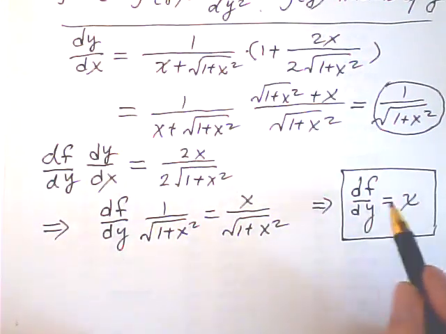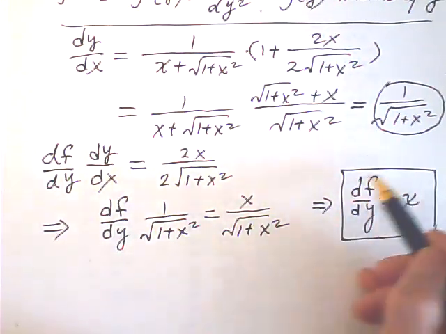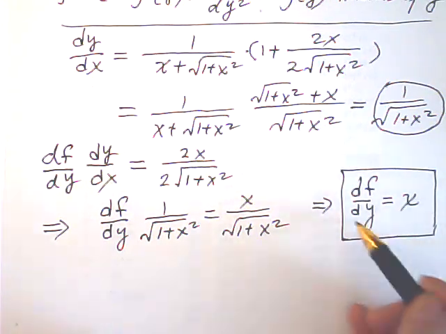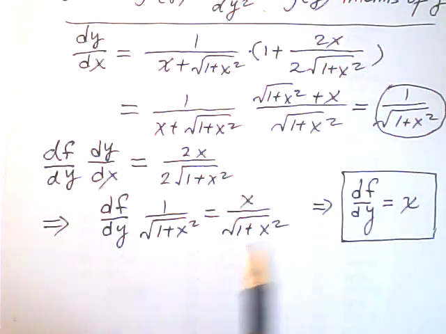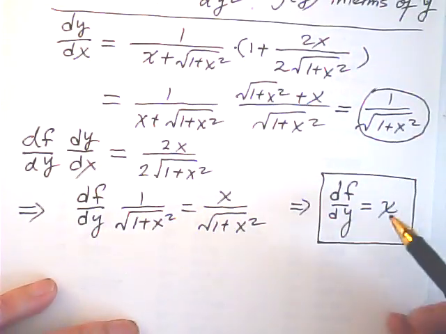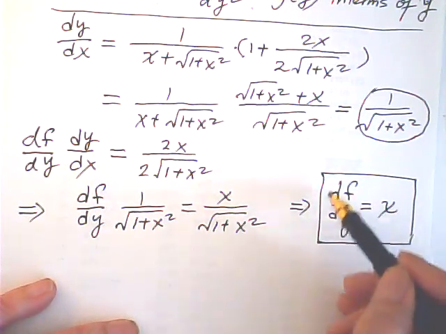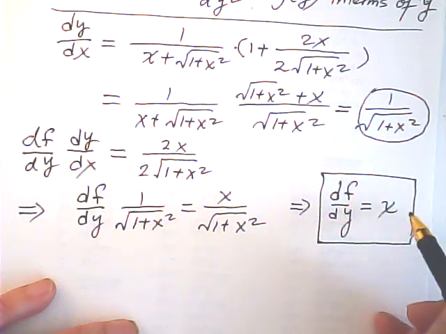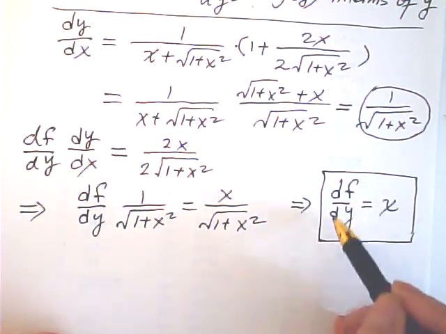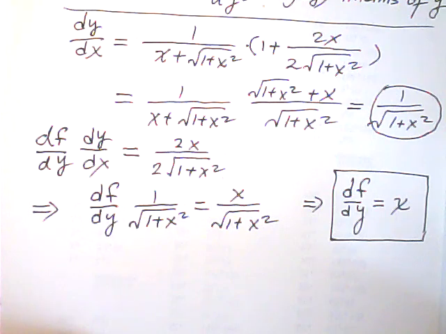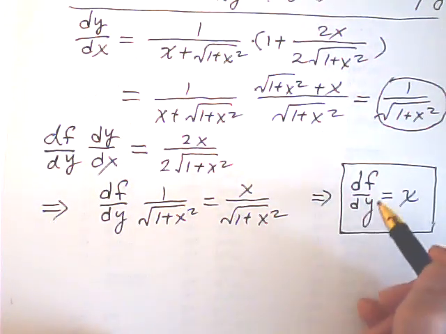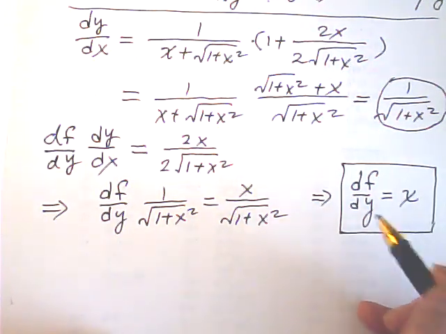Then for this one, we take the derivative with respect to x again. Let me repeat again. We are taking the derivative of this equation, both sides, with respect to x. But don't forget that this is a function of y. So when you take a derivative with respect to x, you are using the chain rule.